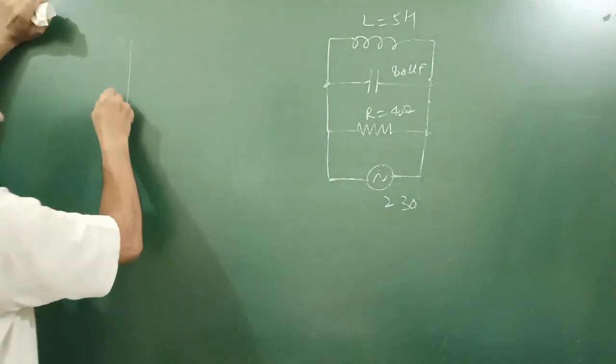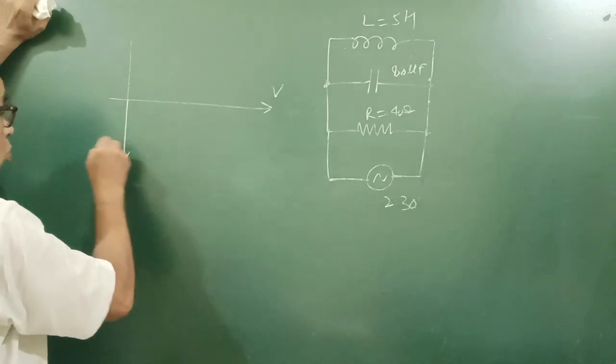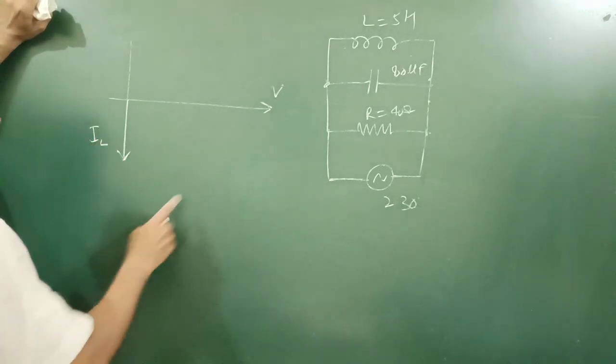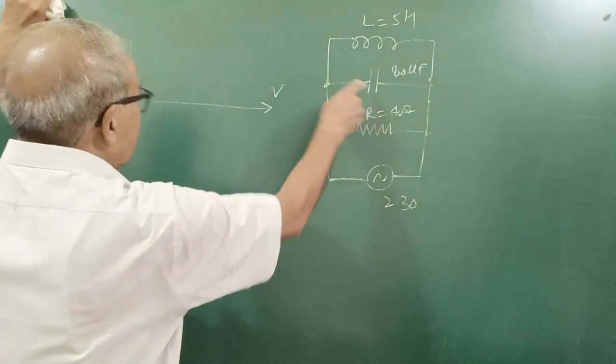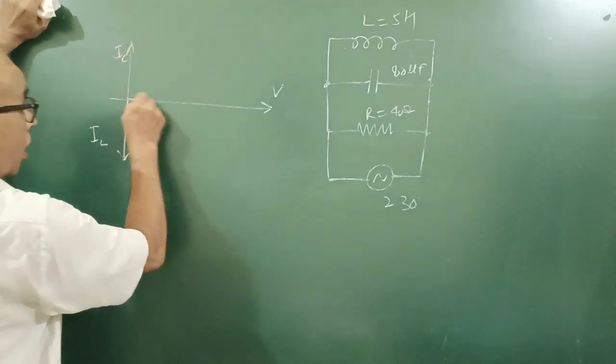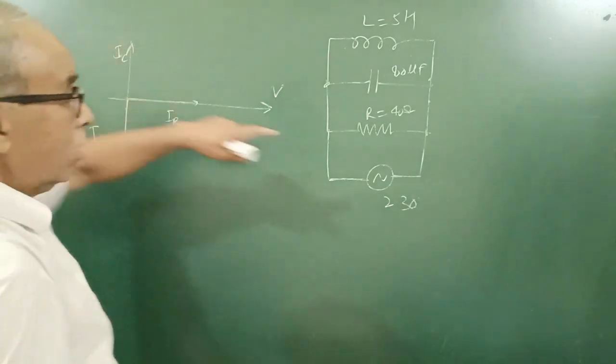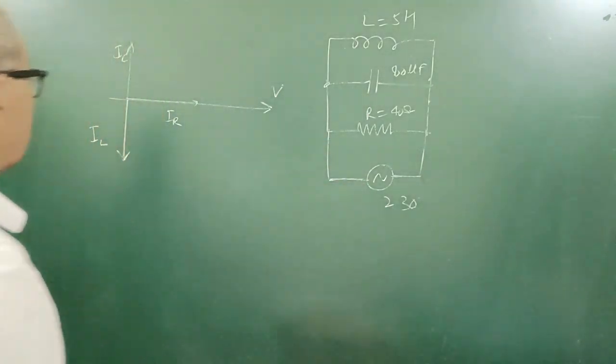If I take voltage this side, then I through L, the inductor, will be this way. In case of a capacitor, the current leads, IC this way, and IR this way. In case of resistance, current and voltage are in the same phase.